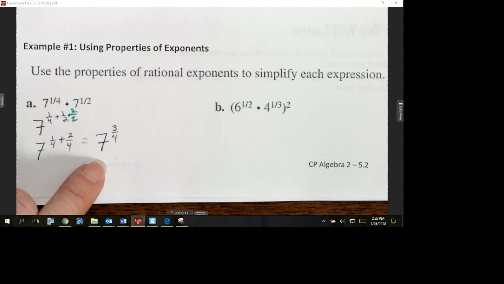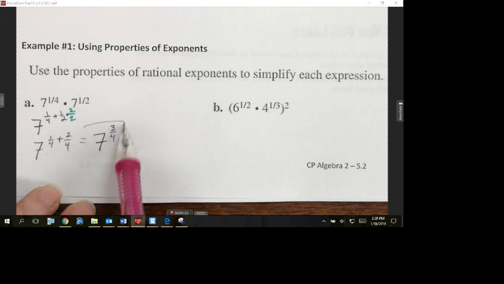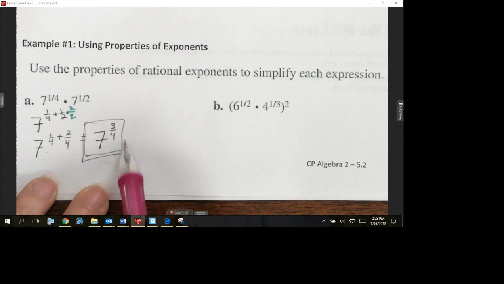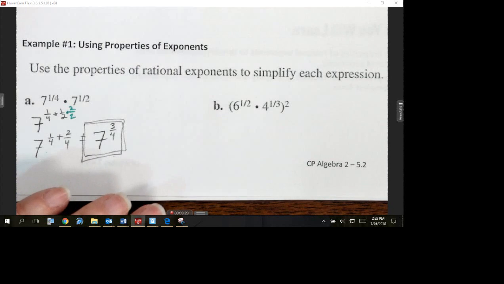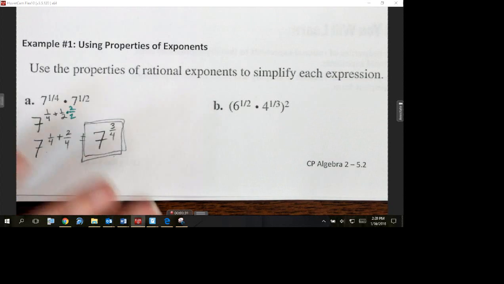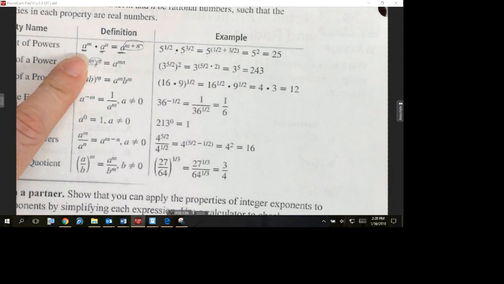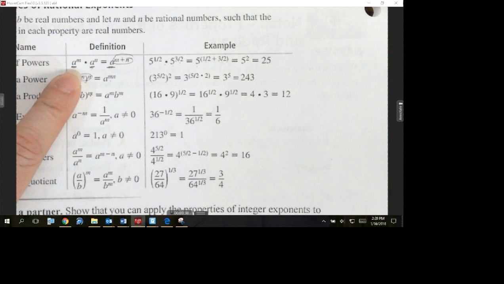Can I take 7 and factor 7 to a power? 7 does not factor. So then I know that this has got to be the final answer. So we want to simplify if possible, but this one does not go any further. Remember up here, I'm going to go right back up here. You see how important? They keep the same base, we just add their exponents.